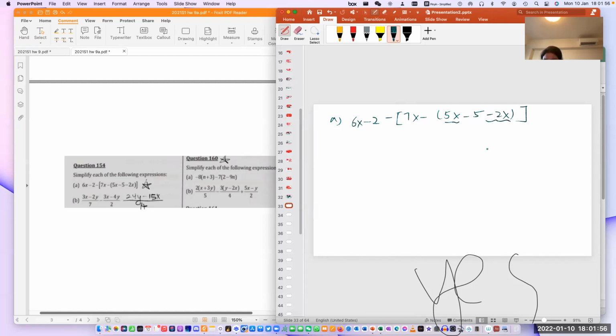If you see an opportunity to simplify, you simplify first. So I see an opportunity to simplify this, 5x minus 2x, 3x. Then start doing it. Minus 3x, minus 5, so minus 5 is plus 5. Then continue. This one, 7x minus 3x, 4x.